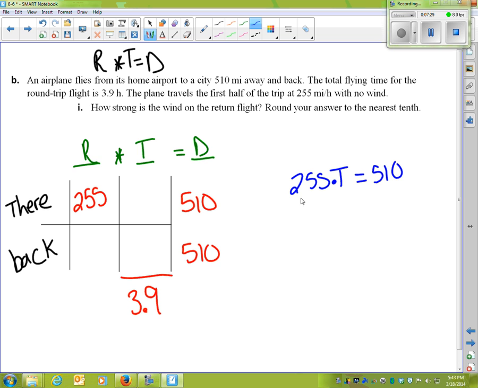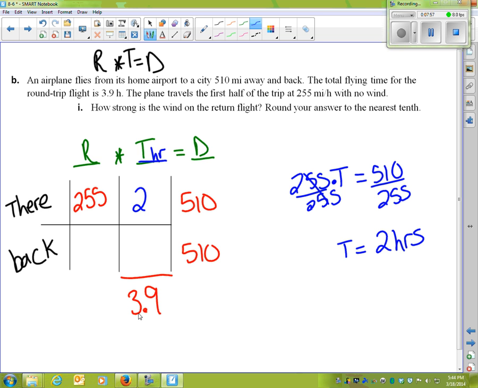I can divide by 255 to solve for the time it took to get to the city. The time is 2 hours. So it took 2 hours to fly to the city 510 miles away. I'm going to fill that in my box here. And time is in hours.